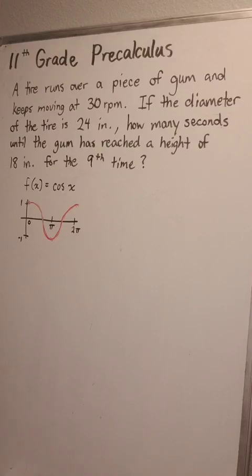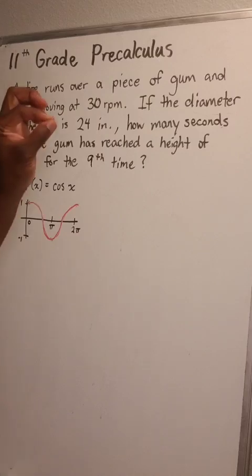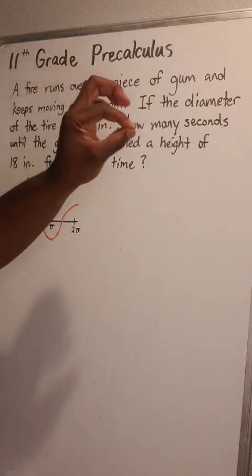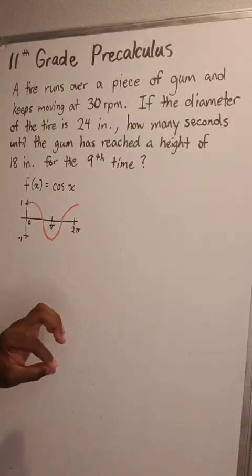Now, this is not going to work as is, because when we think of a tire running over something, it's going to start on the ground, then reach the top of the tire, and then go back down to the ground.